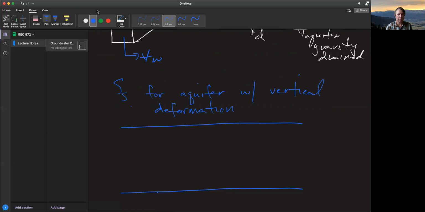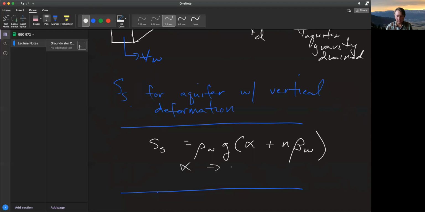I don't know what that other line down there is. SS is equal to rho water G alpha plus N beta water. All right, where alpha is my porous media compressibility.